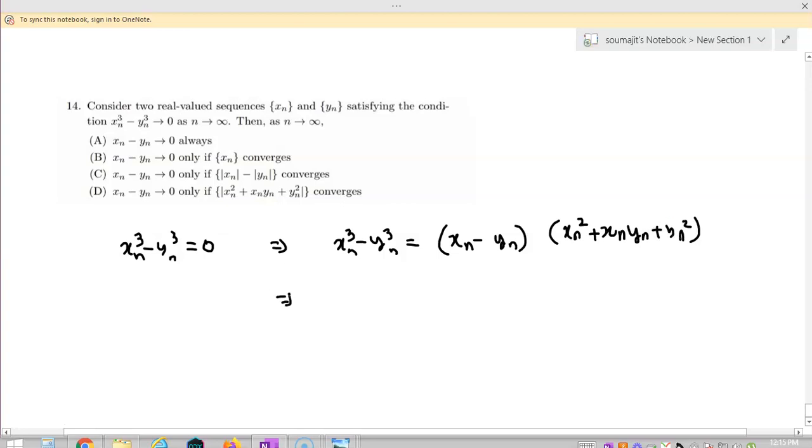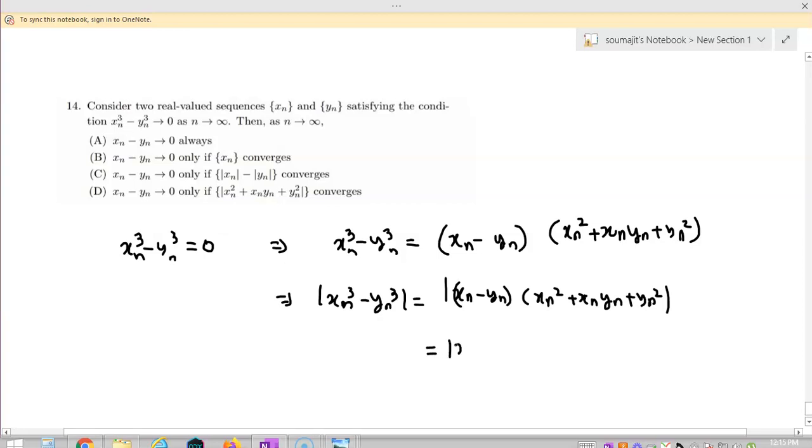So taking modulus on both sides, I can write mod of xn cube minus yn cube is equal to mod of xn minus yn into xn square plus xn yn plus yn square, right?